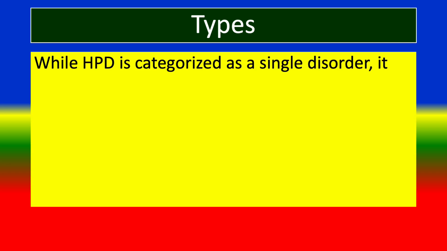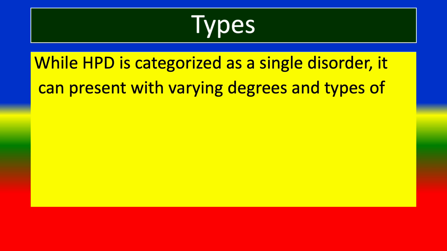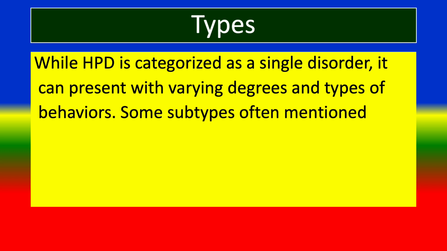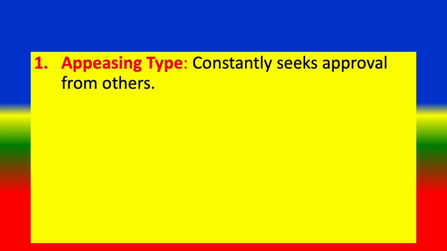Types. While HPD is categorized as a single disorder, it can present with varying degrees and types of behaviors. Some subtypes often mentioned include: one, appeasing type, constantly seeking approval from others.